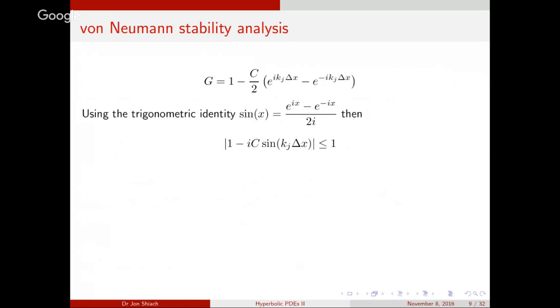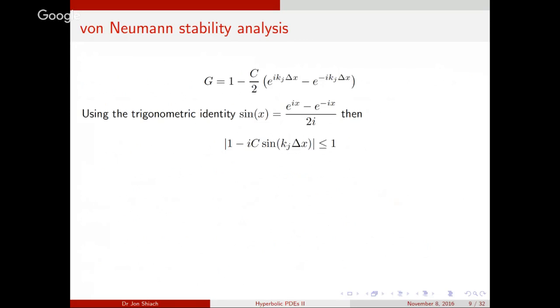This one's quite nice because of a trig identity. Have you seen this before? Anyone heard of Euler's identity? Okay, most beautiful equation in mathematics. Look up Euler's identity, it will blow your mind. You don't believe me, do you? No. Look at the Wikipedia article on Euler's identity.